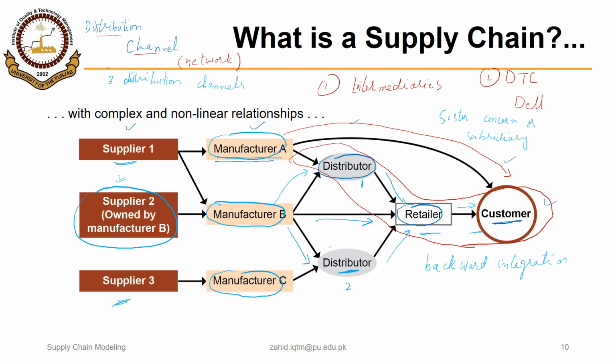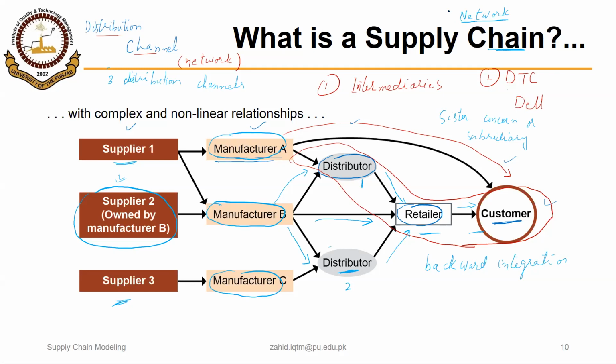So from all these things, you can see that the word supply chain might not be the best word to be used. In fact, it is a network, supply network, because there are not sort of linear flows in this diagram we can see, but it's sort of network.